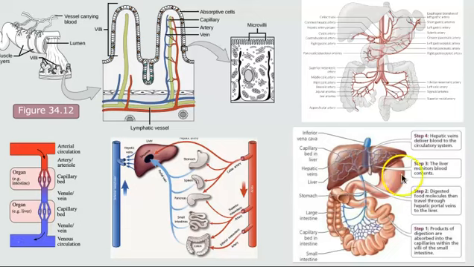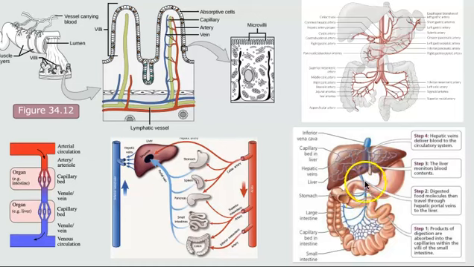So here we can see an image showing all of the organs where we have the nutrient-rich, oxygen-poor blood. And notice how we are traveling first through a vessel known as the hepatic portal vein to take it to the liver. Now, that's one of the only blood vessel names I really want you to know for this lecture.